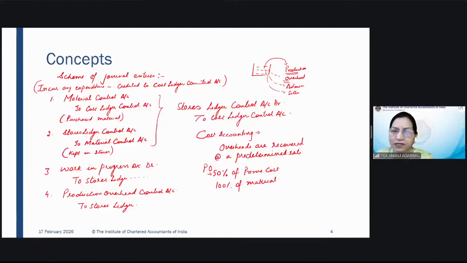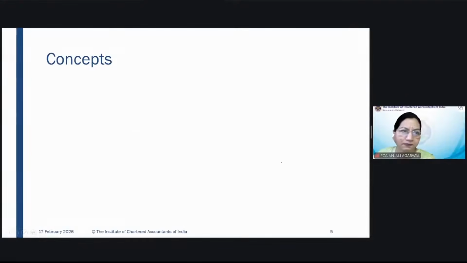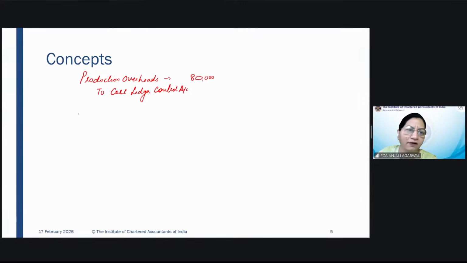So you can call it overheads are absorbed or recovered at a predetermined rate, and therefore it is possible that your production overheads incurred are, let's say, 80,000, and recovered is charged to WIP.